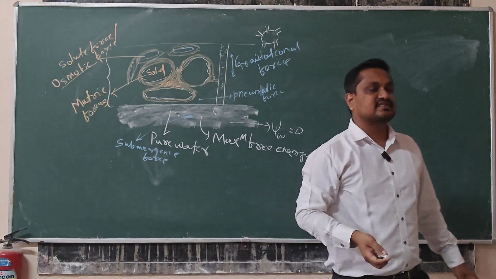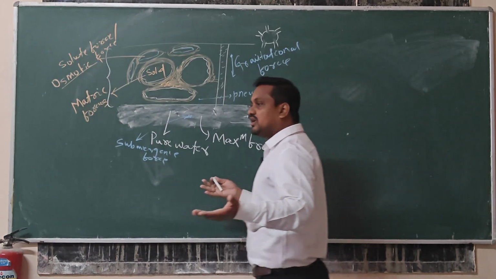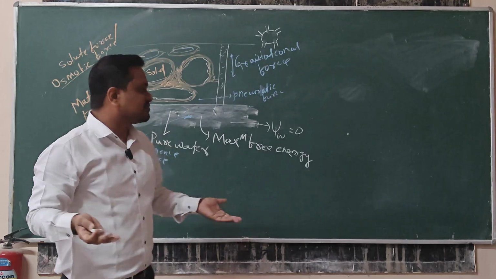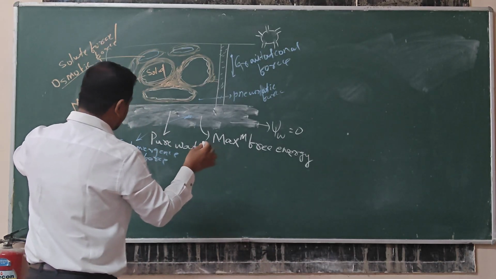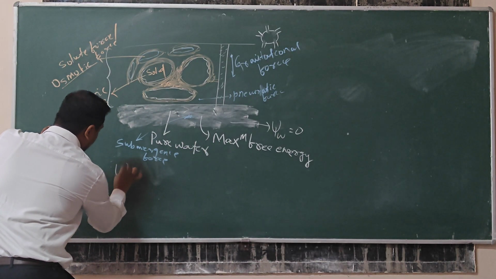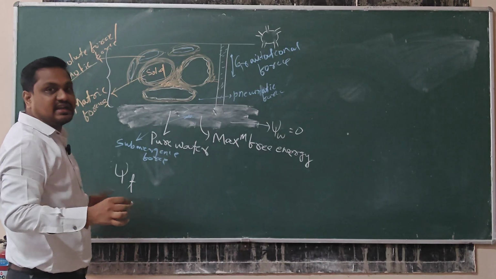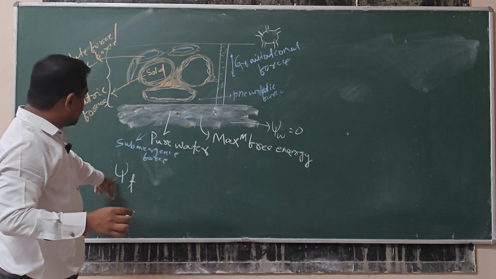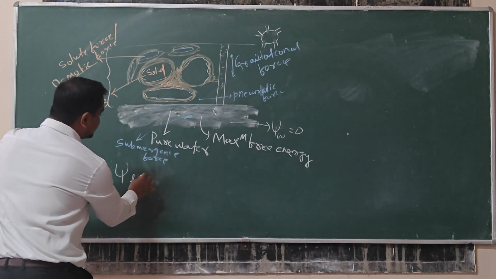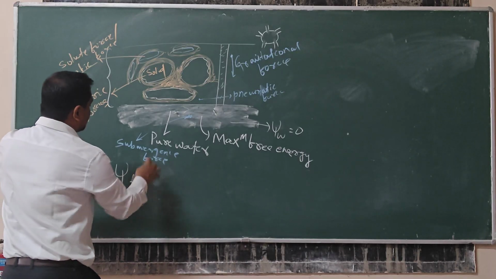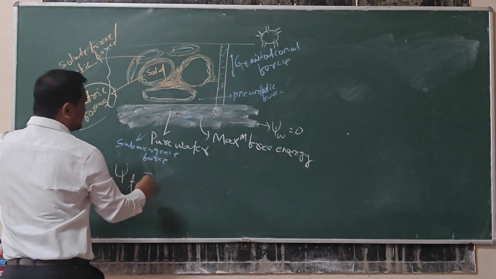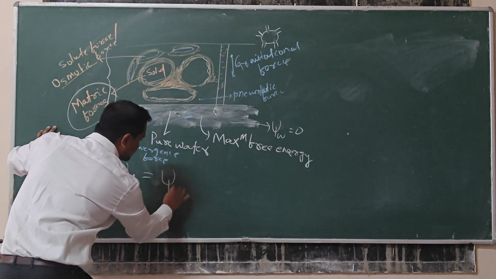If we assign potential values, we get the potential terms. The total water potential I am writing with the symbol psi. Psi is your total soil water potential. What are the components? One is the matric potential.